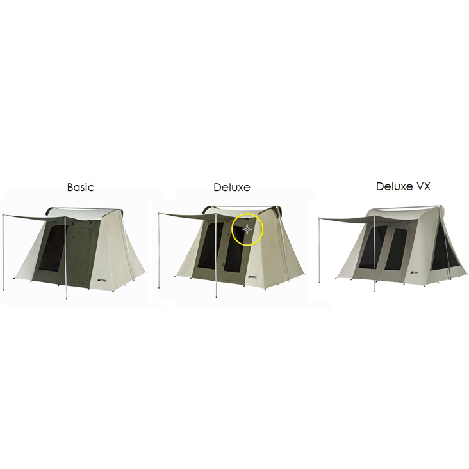The other differences are these. The Basic model does not have a gear loft. On the inside, there's a gear loft on these 2 models, the Deluxe and the Deluxe VX. There's a gear loft that clips into the ceiling where you can store jackets and coats and other things like that. It takes up just a little less than half of one side, so you can clip it up onto the left side or onto the right side, and that's the same for both of these models.